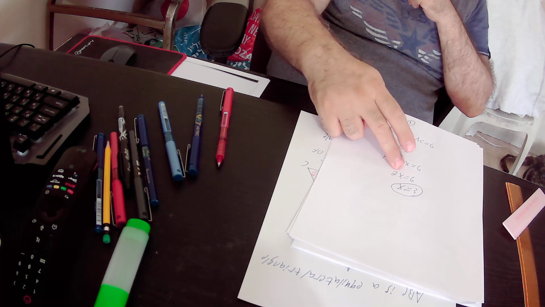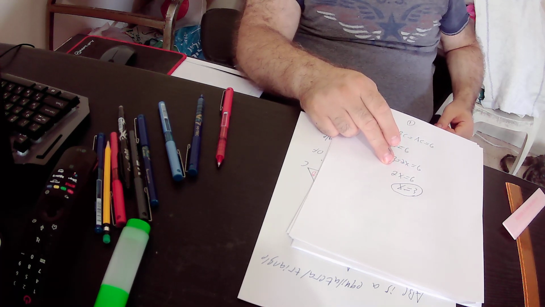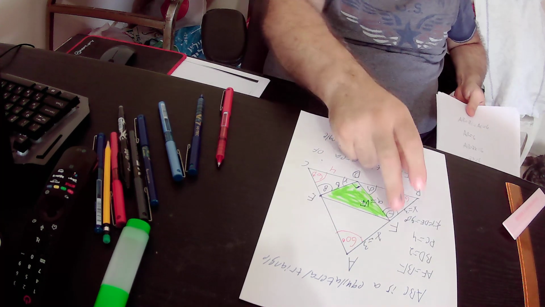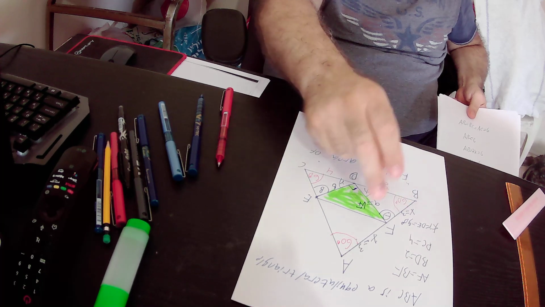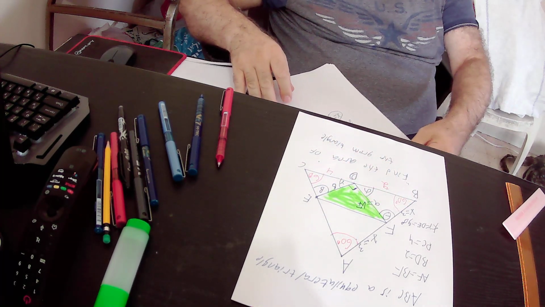So 2x equals 6 units. We divided this equality by 2 and we got that the value of x is 3 units. So the value of BF is 3 units and the value of AF also equals 3 units.